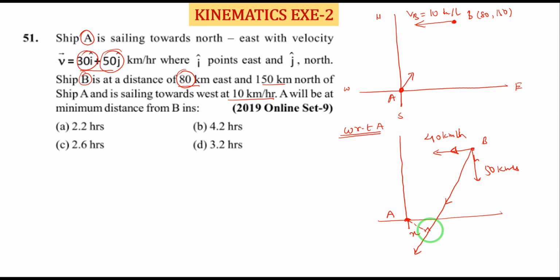Okay, so what we see here, angle पता कर लेंगे यहाँ पे. We know this distance also. How much was that distance? It was 150 on north direction, and on x-axis it was 80 km. Okay. Now first is to find this angle theta.